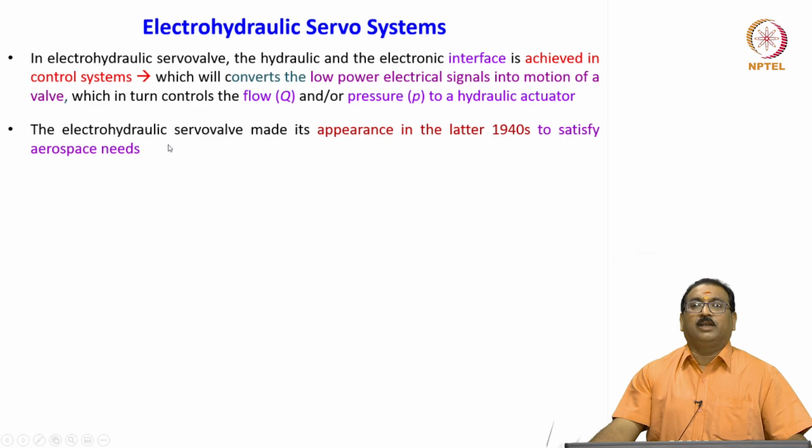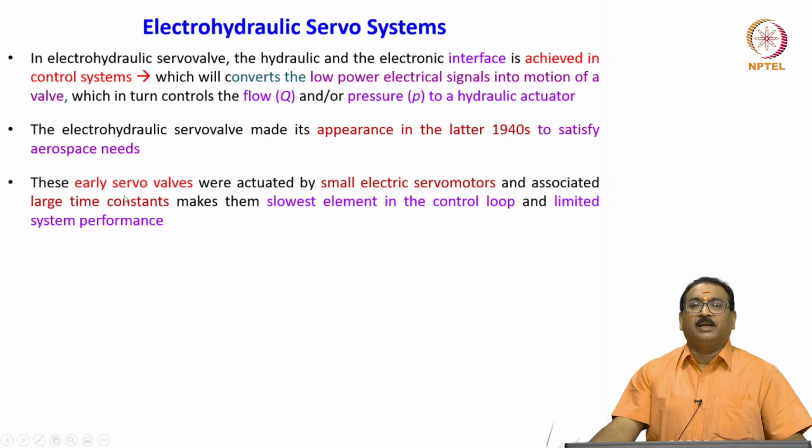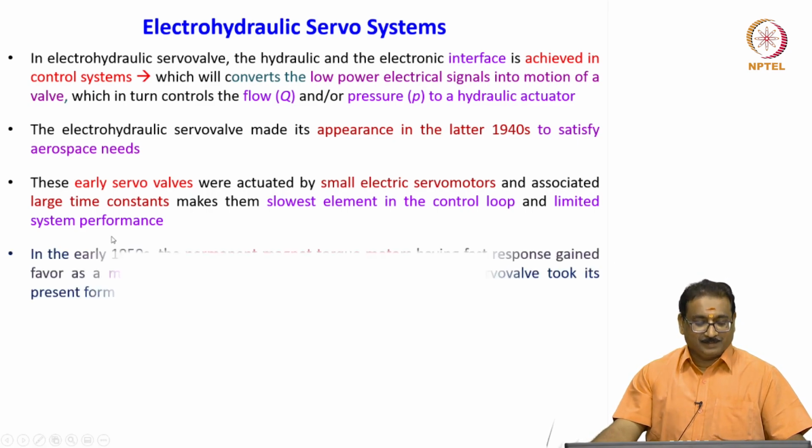The electro-hydraulic servo valve made its appearance in the late 1940s to satisfy aerospace needs.